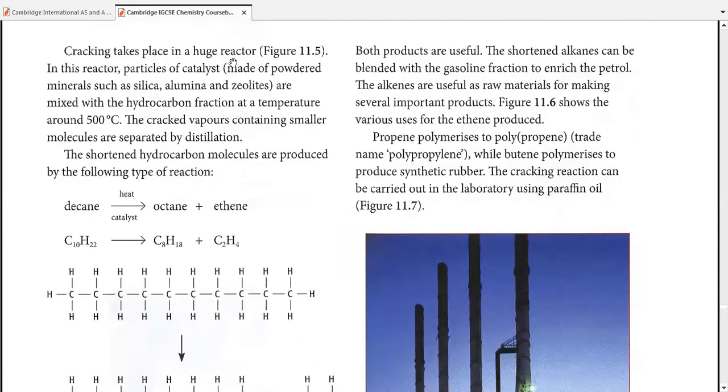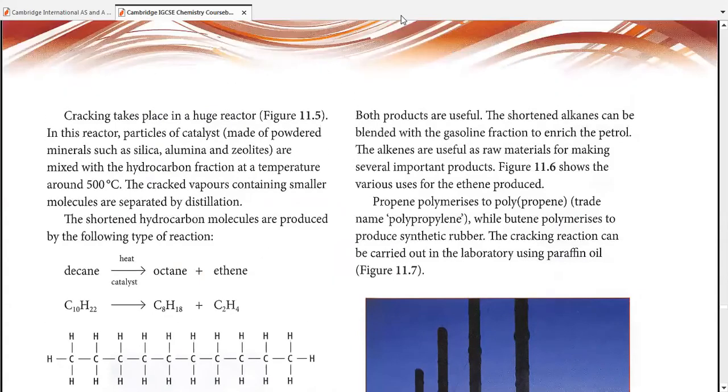Cracking takes place in a huge reactor. In this reactor, particles of catalyst. Now, this catalyst is not a single catalyst. It's going to be a mixture of many catalysts. Hence, there are many names written over here. Made out of powdered minerals such as silica. You're supposed to write the formula that I'm also going to write over here. Silica, as we studied back in chapter number 3, is SiO2.